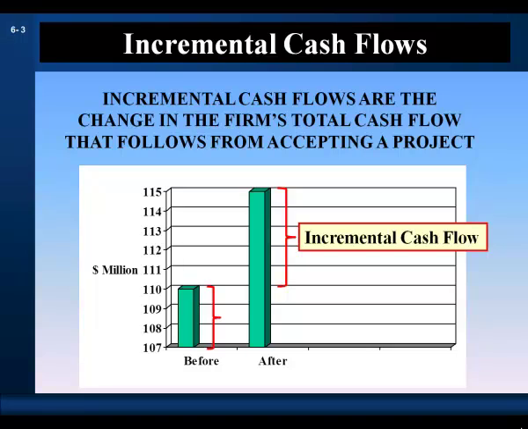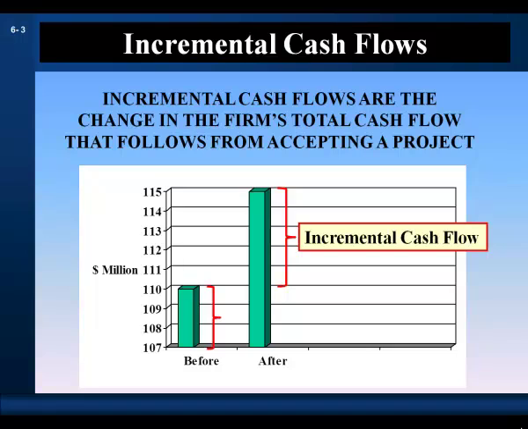Consider the logic of estimating project cash flow on an incremental basis. An increase in the value of the firm from a positive net present value project accrues to shareholders as an increase in shareholders' wealth. It follows that to increase shareholders' wealth, a project must add value on top of the existing value of the firm. In other words, it must produce an incremental increase in value over and above existing value.